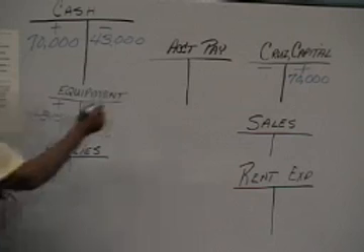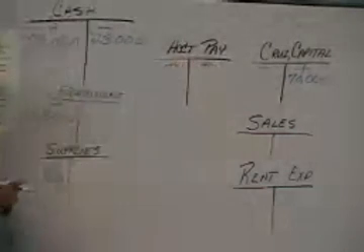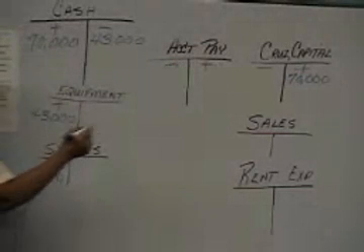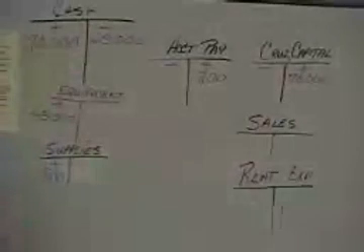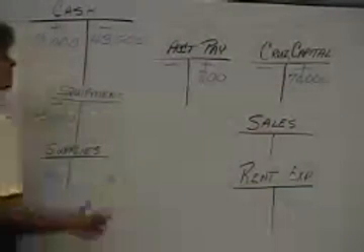Accounts payable, which is a liability, is being increased because we owe more money to our creditors now than we did before. So to increase a liability, we have to show the amount on the right-hand side. We have a debit to supplies and a credit to accounts payable.